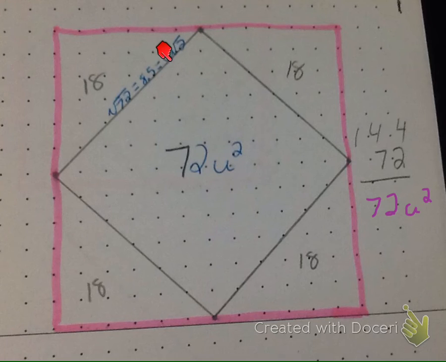Okay, now how did I get this 6 square root 2? Let me show you. I know that the square root of 72 is equal to, the biggest perfect square that can divide evenly into that is going to be 36. 36 times 2 is equal to 72.